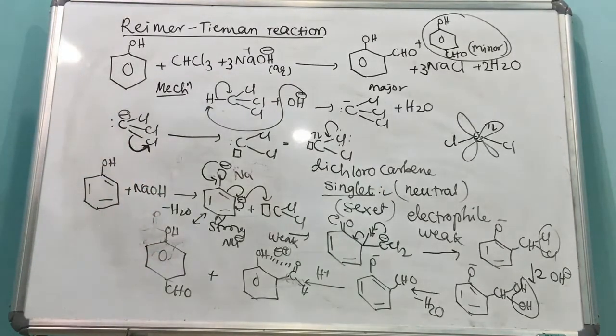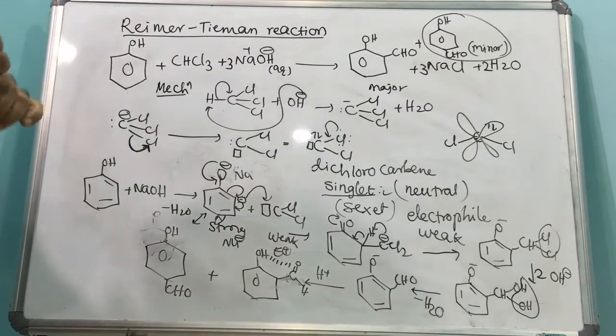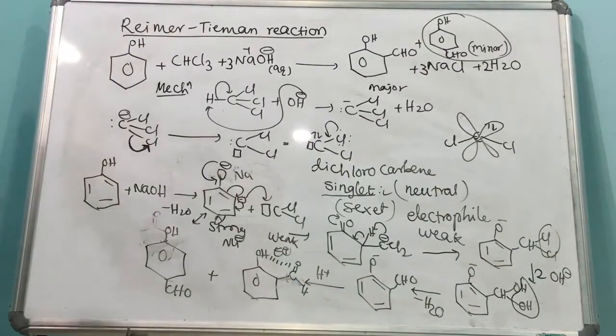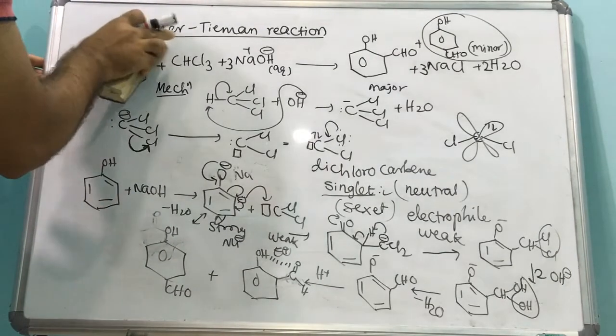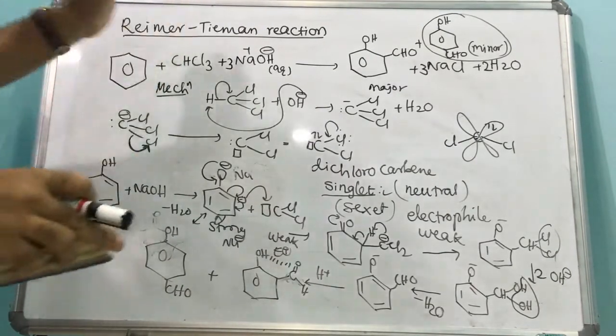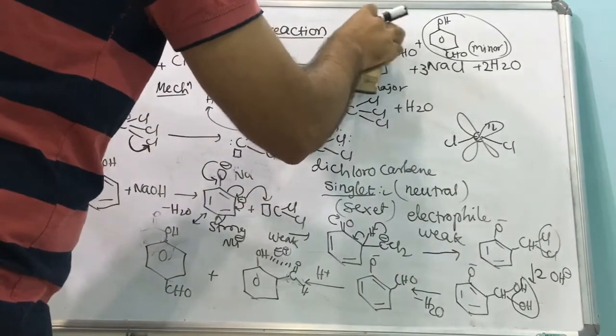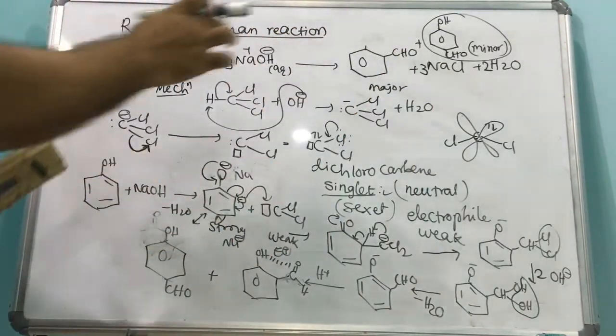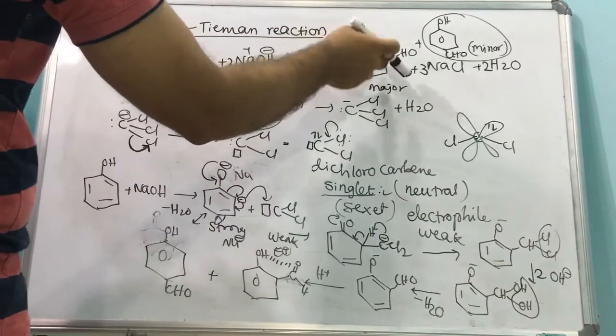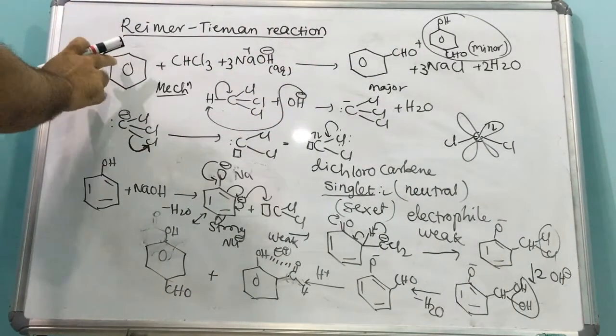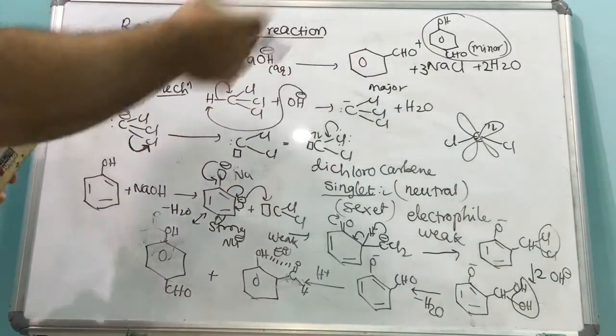Now, what type of questions may they ask? Phenol reacts with this one. Now the question: if I write benzene only, will this be formed or not, we have to answer. Because when OH is there, ortho-hydroxybenzaldehyde forms. When benzene is there, does this type of product form or not, that you have to answer.